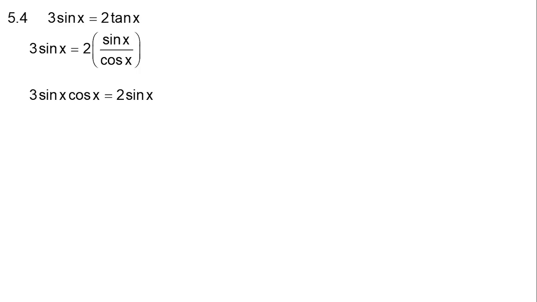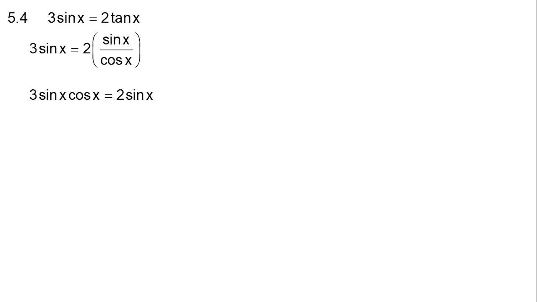Now it is at this point that you need to be careful. It's very easy to be tempted to divide on both sides by sine x. But as a rule in mathematics, we do not divide by something that we do not know. And the reason for that is there is a possibility that that thing is 0.